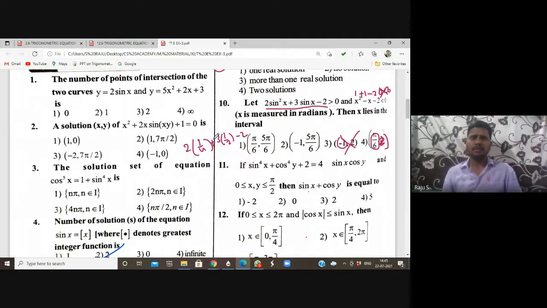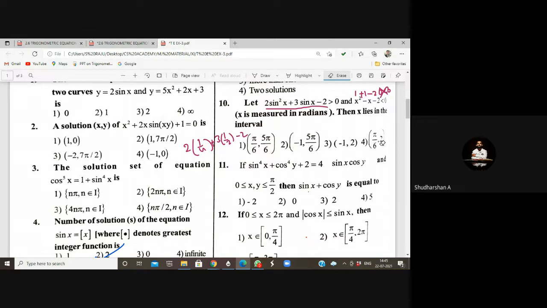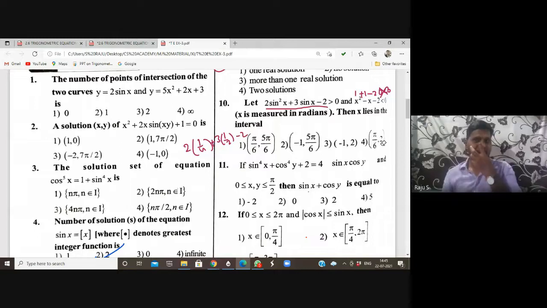I will do one thing. So that's the reason here. See, okay, student, here my question is, why do you want to substitute this pi by 6? What is the interval they have given? Open interval or close interval?